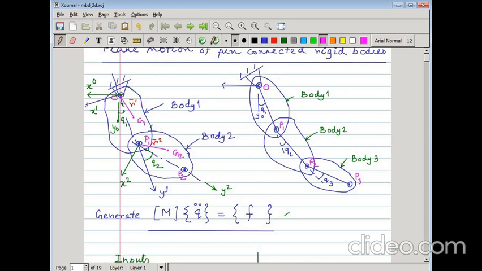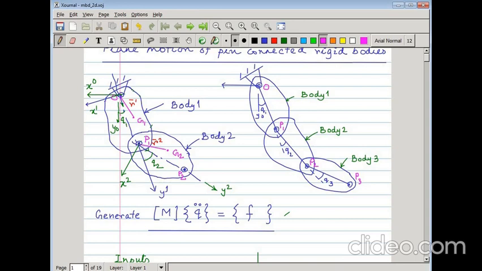So x1 y1 is fixed to body 1, and we have assumed that y1 is the line joining the hinge and P1. x1 will be along this, and x0 y0 is the coordinate system fixed to the inertial reference.